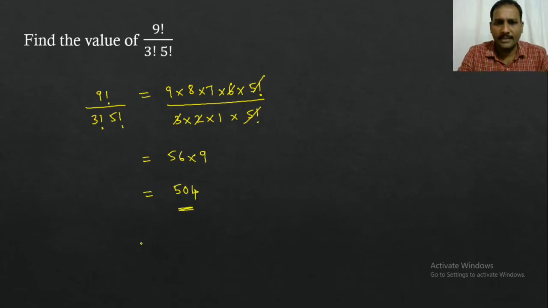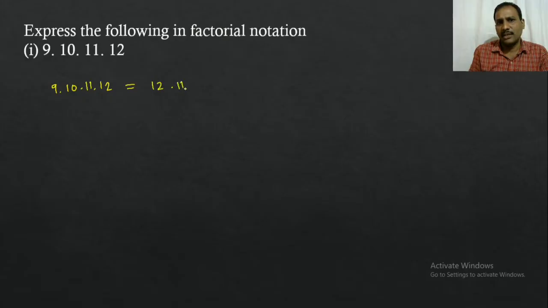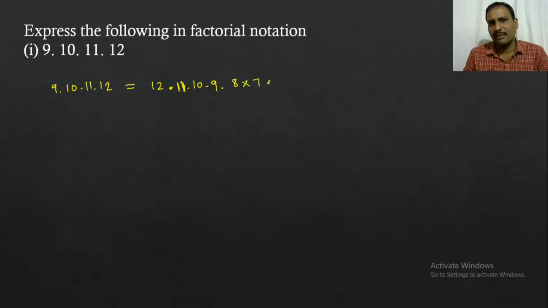Next, express the following in factorial notation. So what we have here is 9 into 10 into 11 into 12. You can write it as 12 into 11 into 10 into 9 also. But to express this in factorial notation, we should have all the natural numbers starting from 1. Here we have 12, so we need 8, 7, 6 and so on up to 2 into 1.